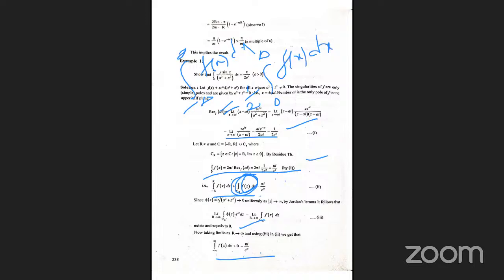As per Jordan's lemma, the integral of f of z dz becomes 0, so that part is 0. That becomes minus infinity to infinity f of x dx plus 0 equal to pi I by e power of a. Here, minus infinity to infinity f of x dx I am writing as 1 by 2 into 0 to infinity f of x dx. Remember this concept.